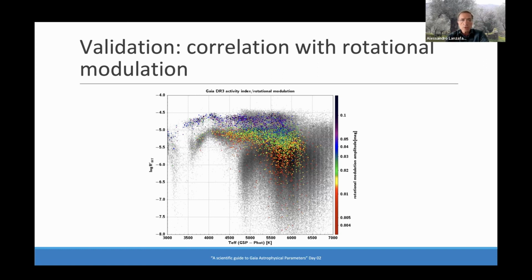Of course you expect that this activity is reflected somehow in the chromosphere, and it does, because you see here in color scale the amplitude of the rotational modulation, and the more active stars have the largest rotational modulation, and the less chromospherically active stars have a lower rotational modulation level.